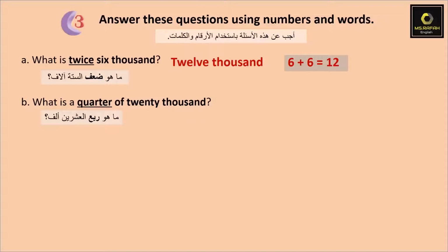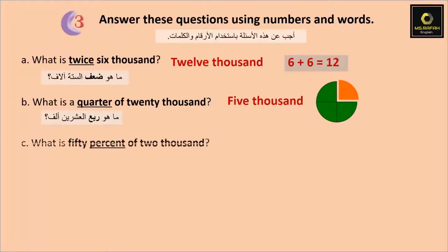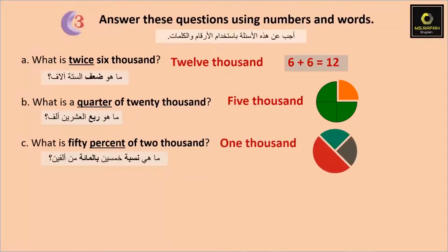Quarter. شو هو ربع 20,000؟ 20 بتتألف من 4 خمسات. إذن 5,000. What is 50% of 2,000? شو هي نسبة 50% من 2000؟ 50% يعني النص. إذن 1,000.